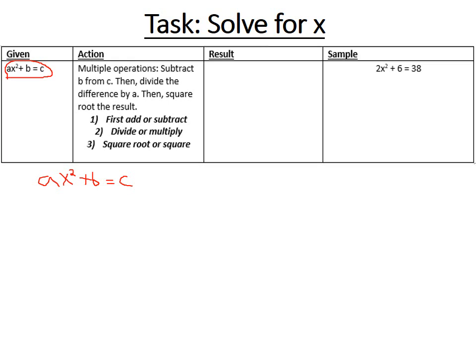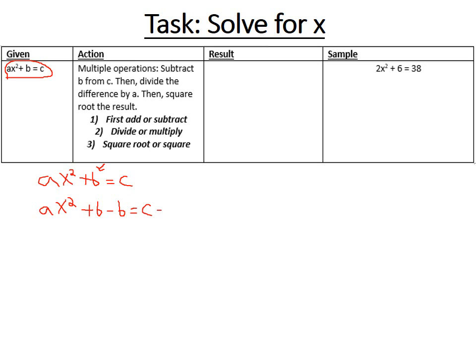So we have ax squared plus b is equal to c. We want to get rid of this b here. So right now the b is being added. So what's the opposite of adding? Well, subtracting. So ax squared plus b minus b is equal to c, and don't forget to do minus b on the other side.